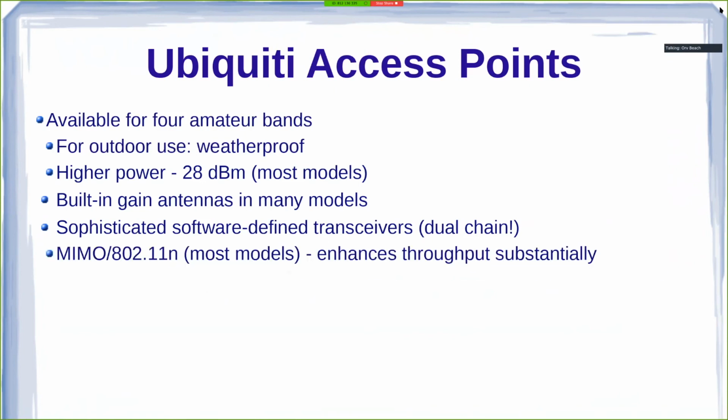Because they can run what they call MIMO, multiple input, multiple output. The protocol they transmit is 802.11n. What that does is, for a given signal strength from point to point, you could transmit one data stream horizontally polarized and another one vertically polarized, and the receiving end will mash them together and give you double the throughput for the same signal strength.